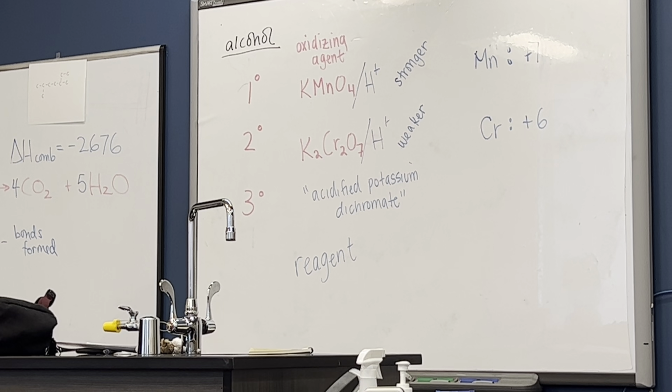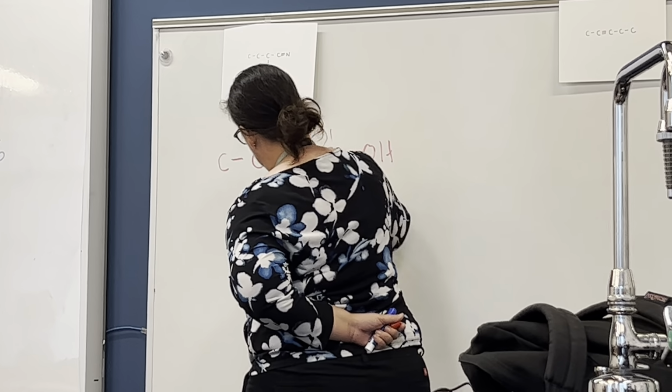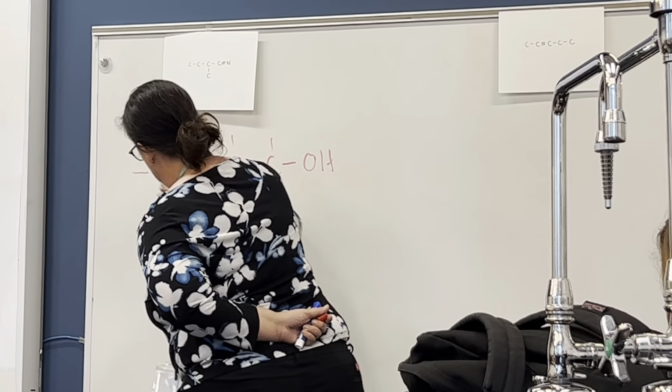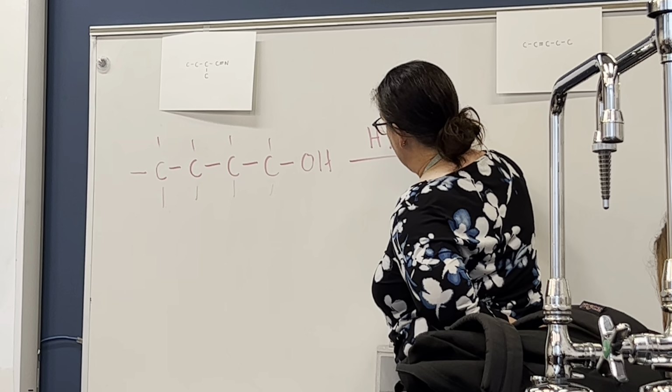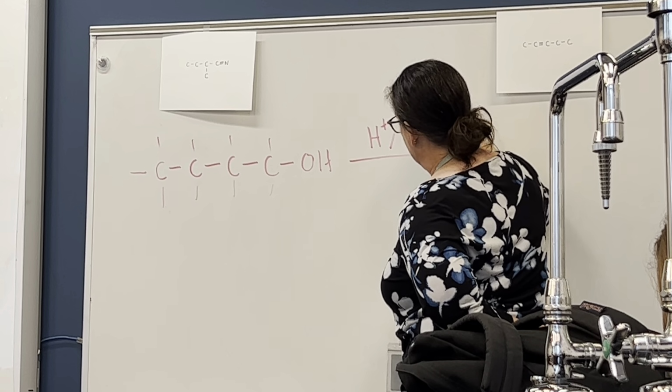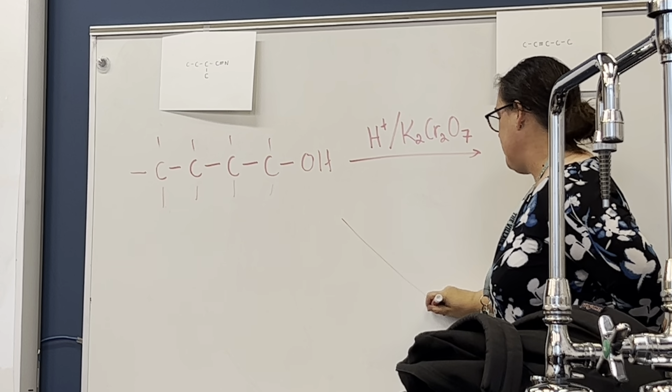You take a primary alcohol, like 1-butanol, in the presence of acidified potassium dichromate. There are actually 2 things that you can form.